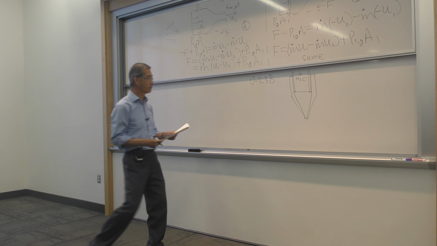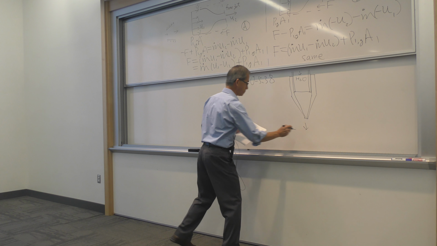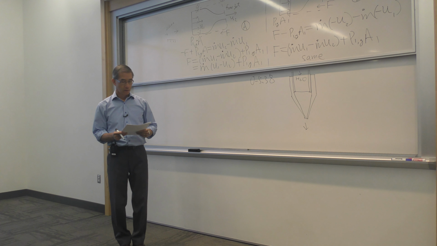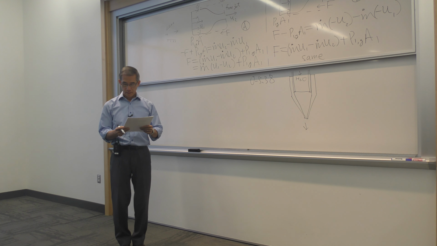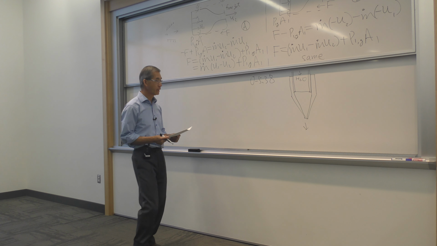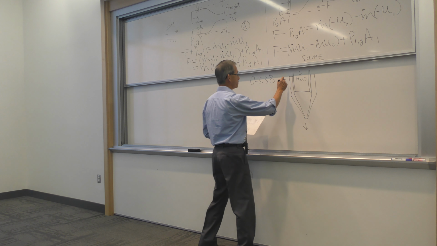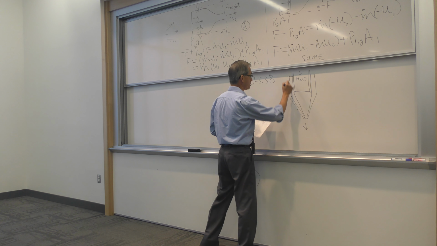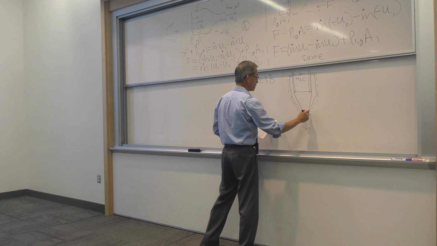There's the free jet at the bottom, you know what that means? In your text, when you read the homework example or example in the lecture, the control volume was chosen like this.